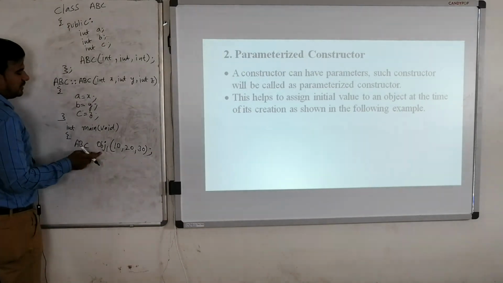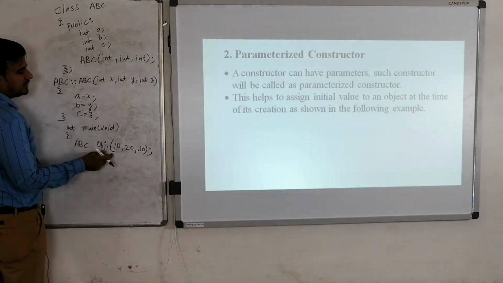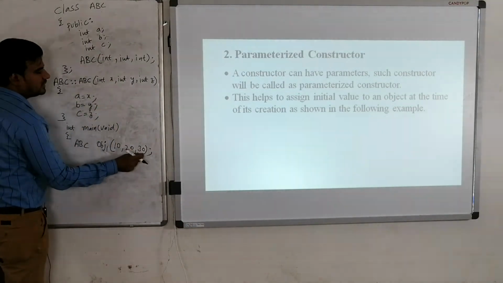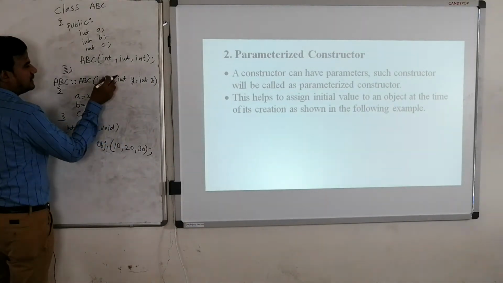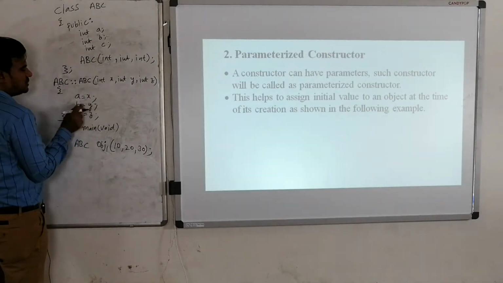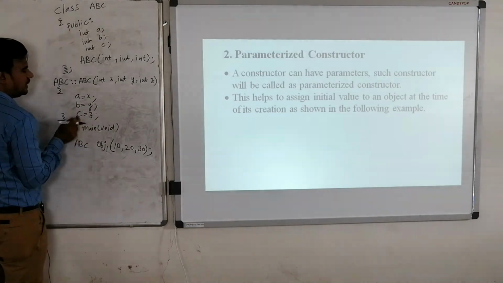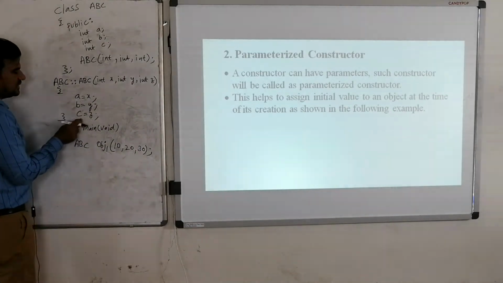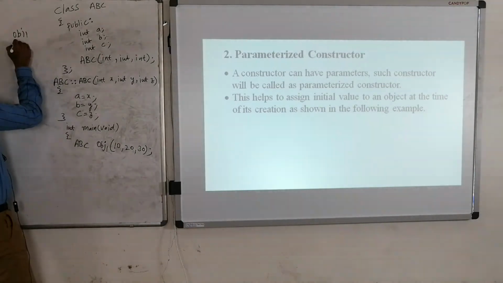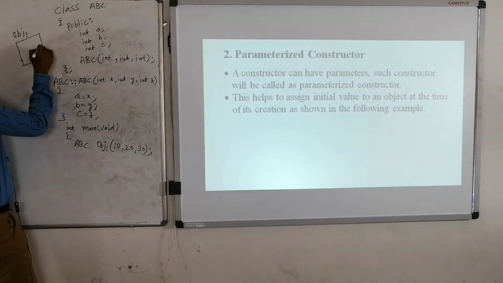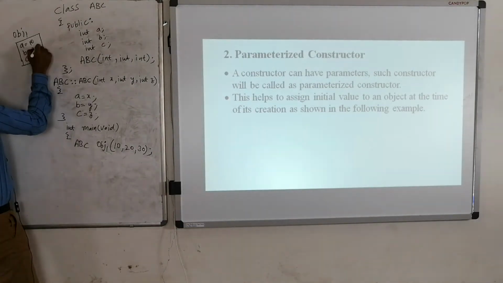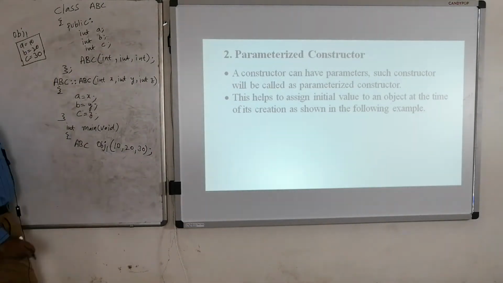When this object gets created, 10 will be copied into x, 20 into y, 30 into z, and then 10 will be initialized to A, 20 to B, 30 to C. So in obj1, A will get 10, B will get 20, and C will get 30.